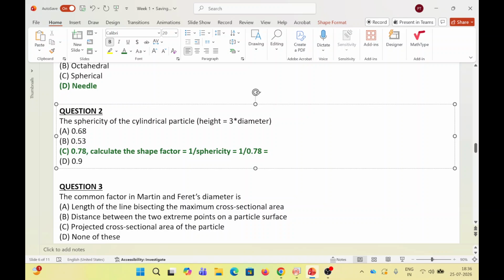Any doubts related to question 2, how to calculate sphericity? I will be posting the answers. I will not be solving it here, but this presentation will be available to you, and at that time you will get the solution for this question as well. If you have any doubts, you are welcome to let me know.